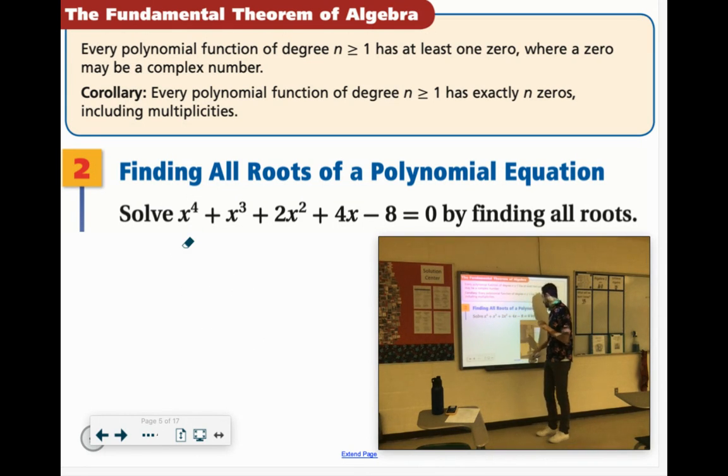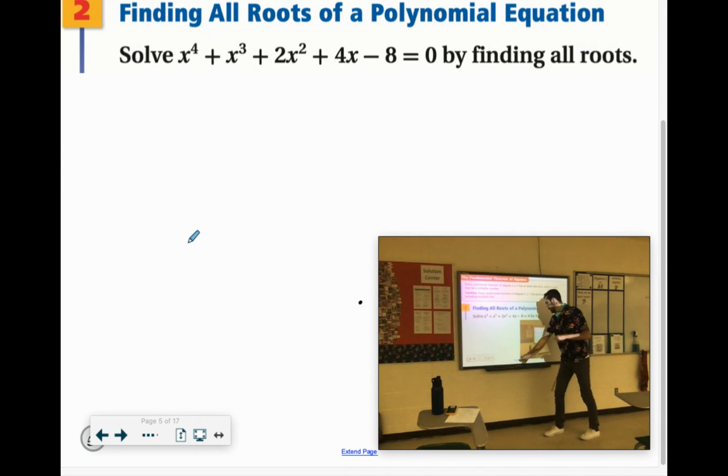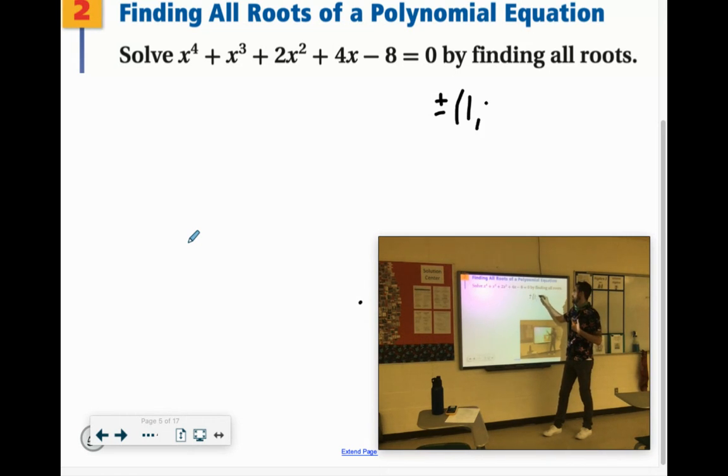So in order to do this one, we have to test different factors, usually using the rational root theorem. So remember, you look at the last digit, -8 or 8, it doesn't really matter. And you're testing all the factors of 8, which 1 is a factor of 8, 2 is a factor of 8, 4 is a factor of 8, and 8 is a factor of 8.